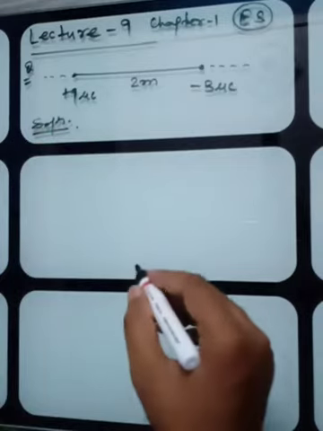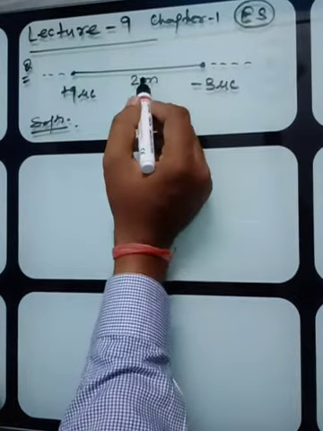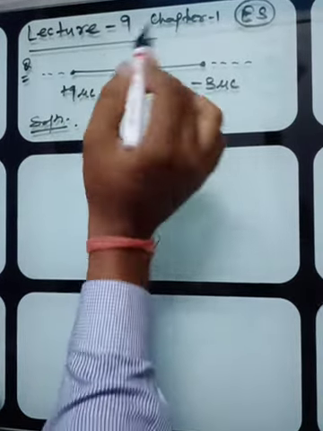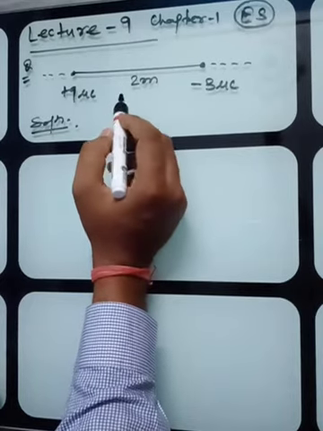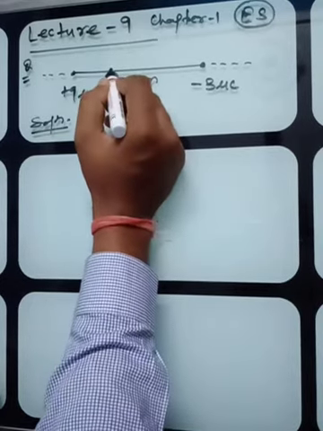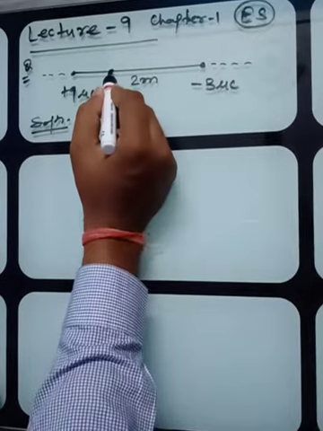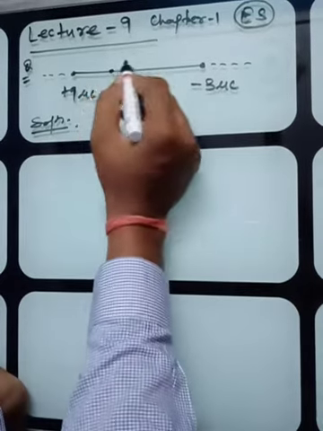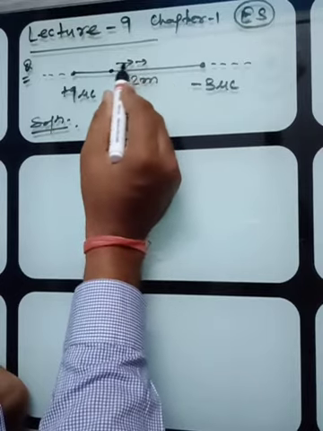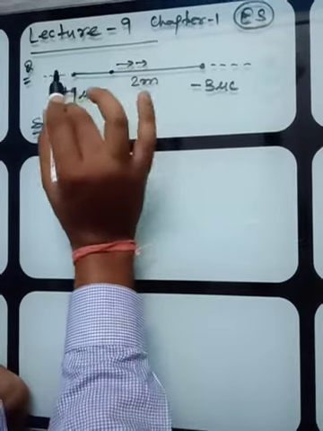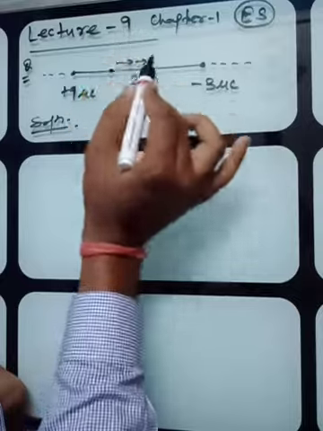First of all, if we place ourselves in between these two charges, at any point can we have the net field as 0? Try to find out. At this point, the direction of the electric field due to this positive charge will be away and due to this negative charge will be towards. So the two electric fields will be in the same direction and will never give you the net field as 0.